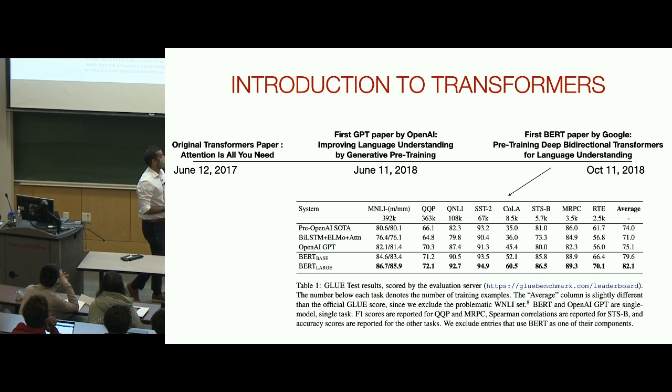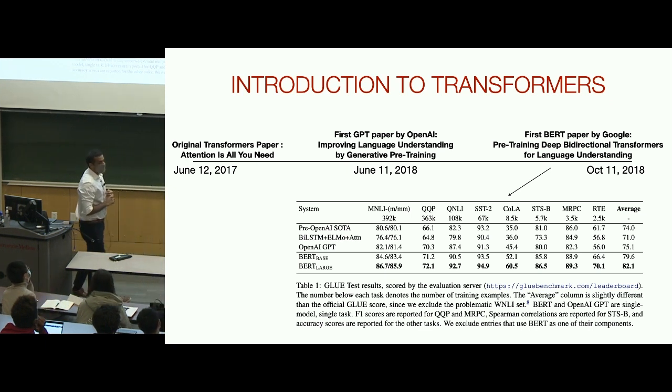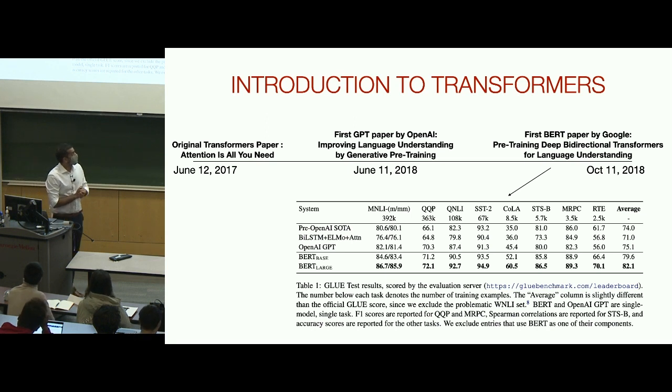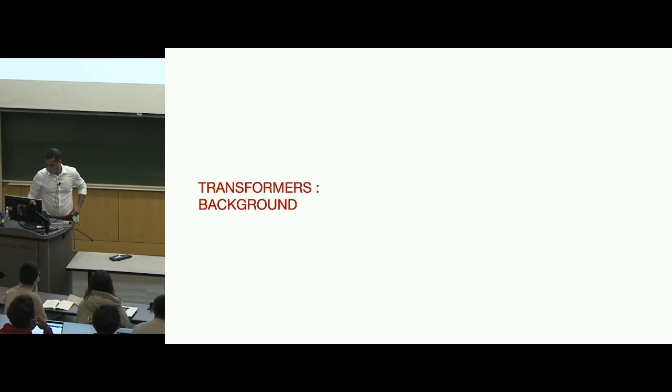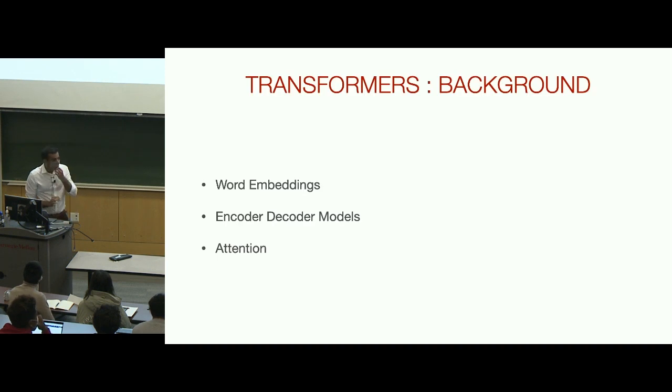And a lot of vision tasks are beginning to use transformers as well. So with that, let's get into the transformers background and see what the architecture is and what that scary diagram was built of.